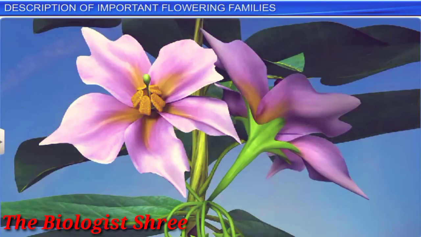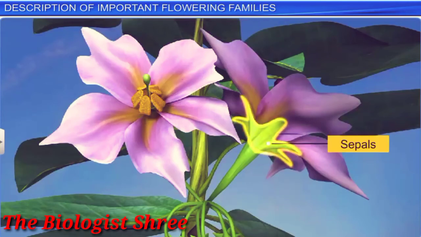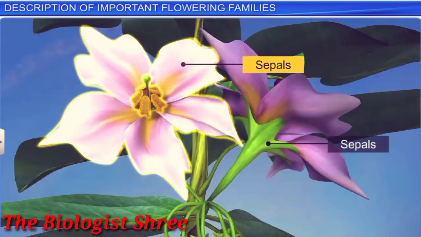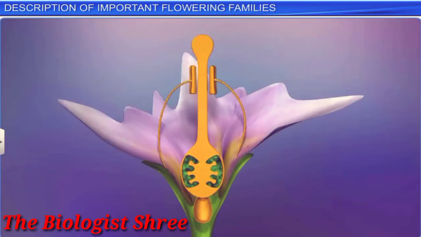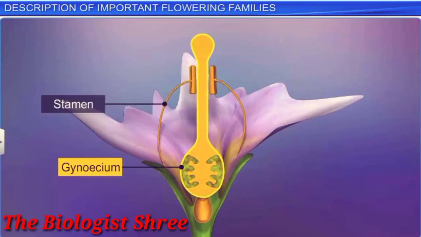The calyx has 5 sepals, which are united and persistent with valvate estivation. Like the calyx, the corolla also has 5 petals that are united with valvate estivation. In these plants, the androecium has 5 stamens and is epipetalous, and the gynoecium is bicarpellary and syncarpous.